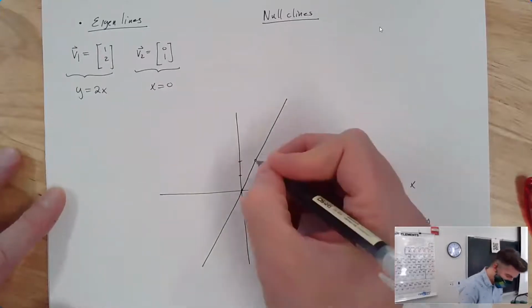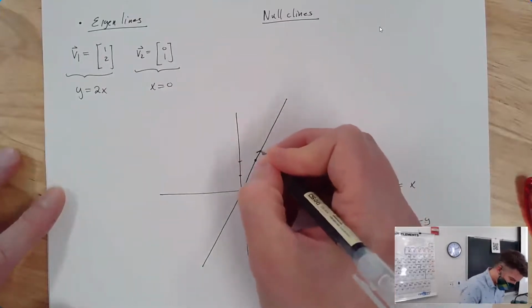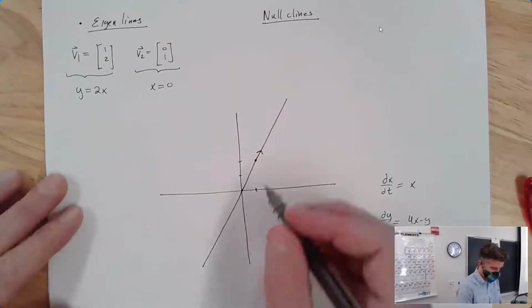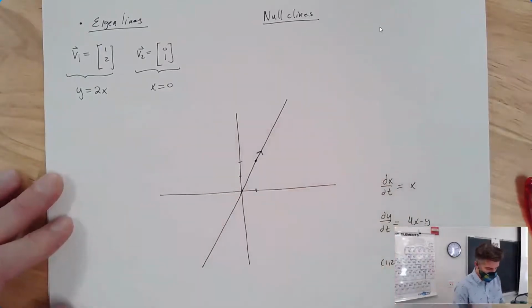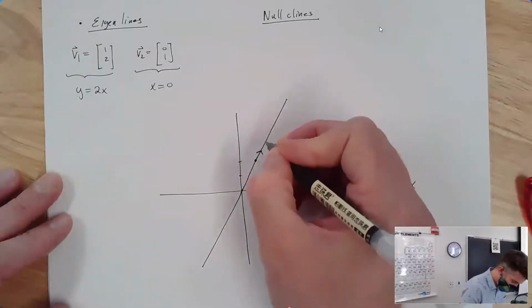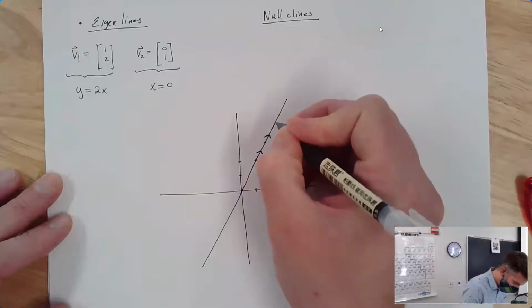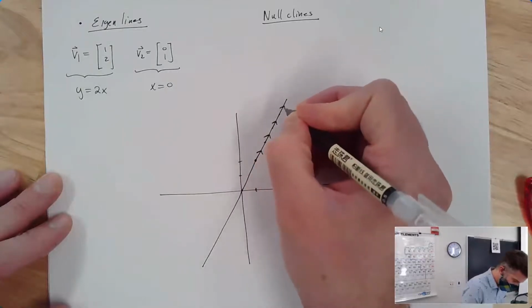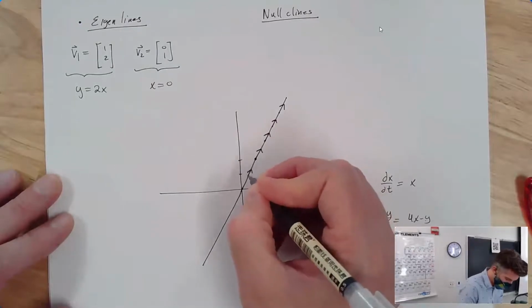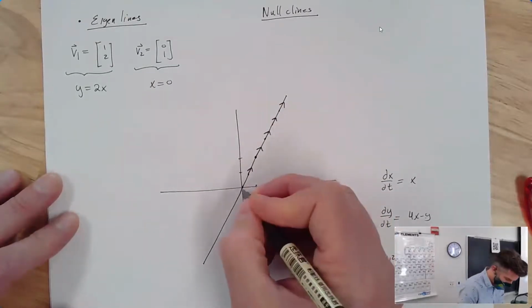Oh, I'm exactly going in the direction of 1, 2. And that's true for any point on the eigenline. If I pick something like 2, 4, I'm going to get literally the derivatives being 2 and 4. So the point is that when you're on the eigenline, all the direction vectors move in the direction of the eigenline.